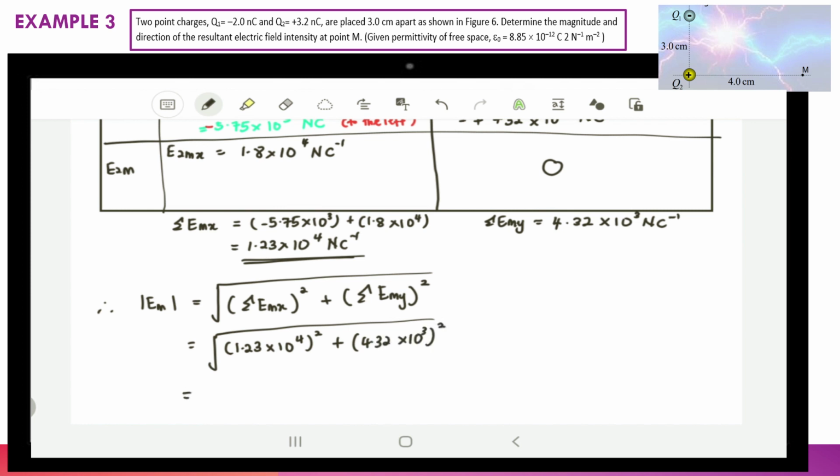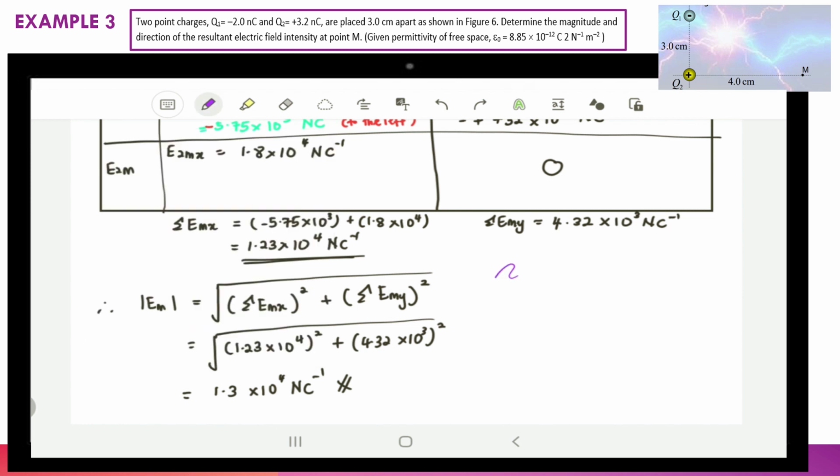And the magnitude, or the resultant electric field intensity at point M, is equal to 1.3 times 10 power of 4 Newton per Coulomb.